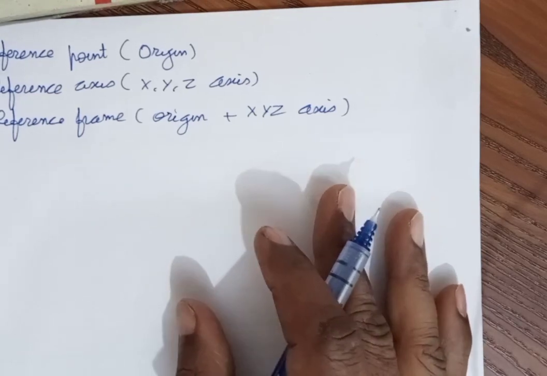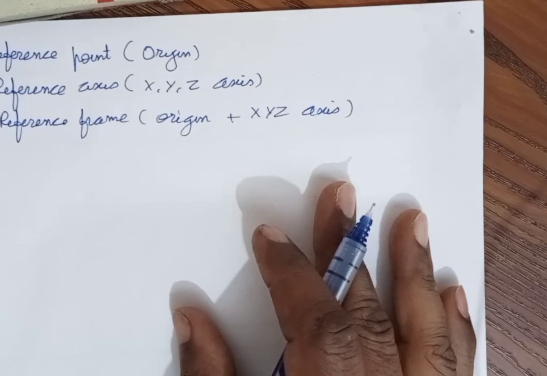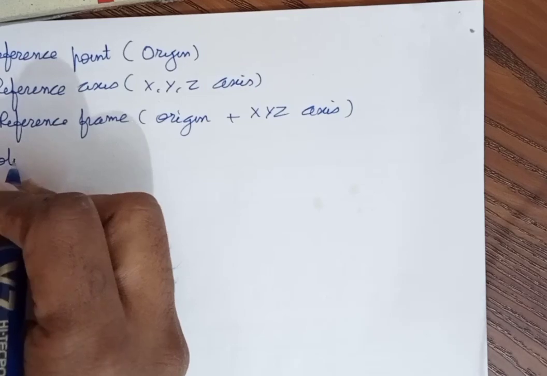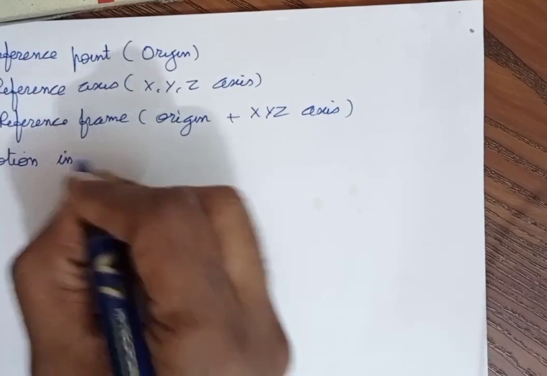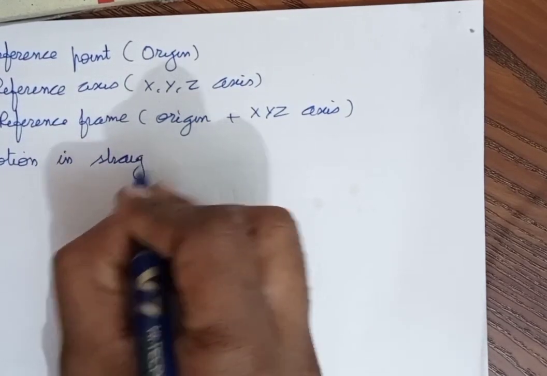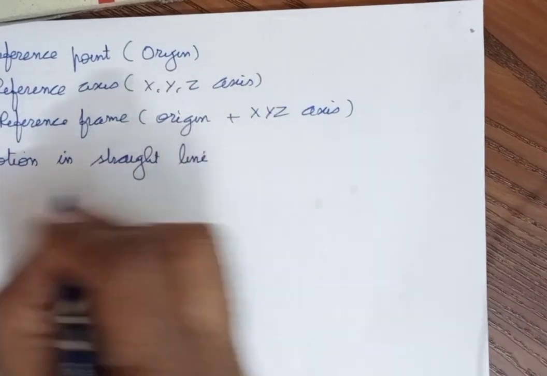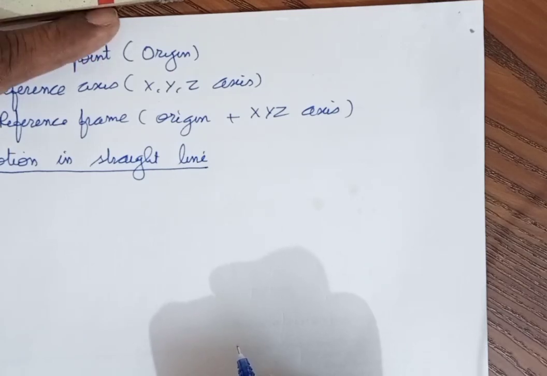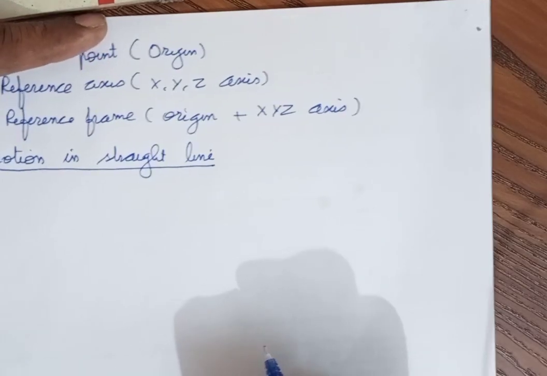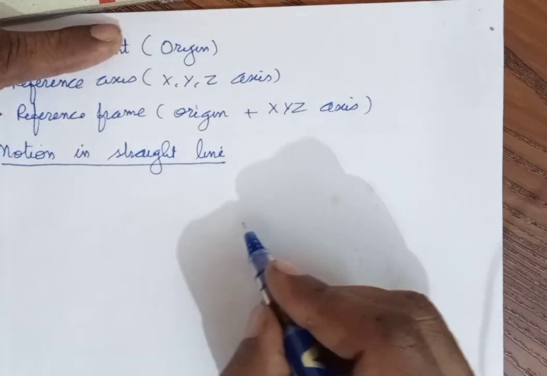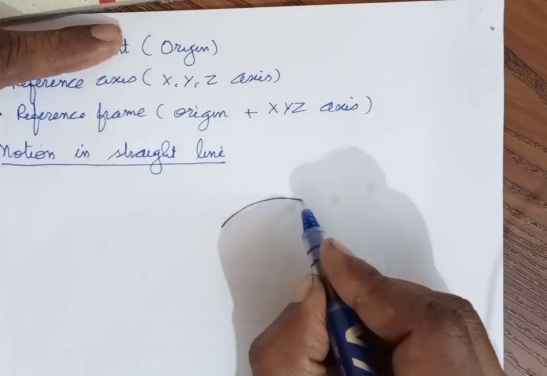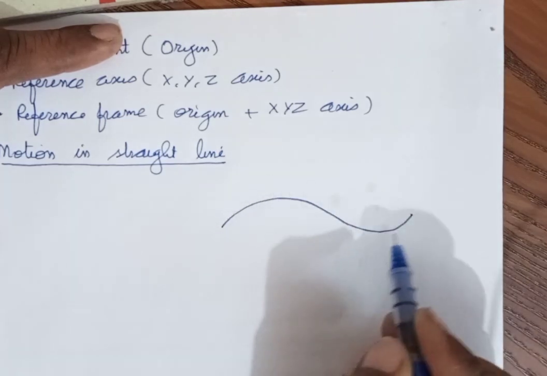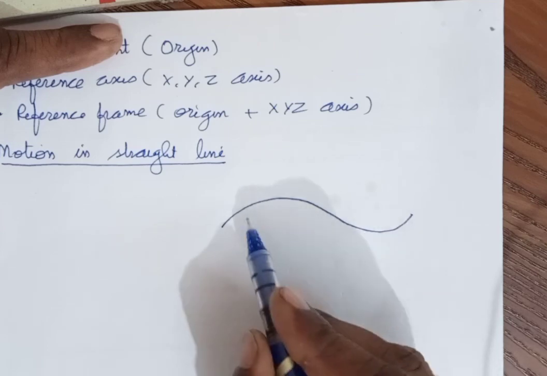Now first we will see the motion in a straight line. Motion in straight line, there are two things. Like if some object is moving in curvy linear path, then what is the total length it covered? You put a thread on it and then measure the thread.